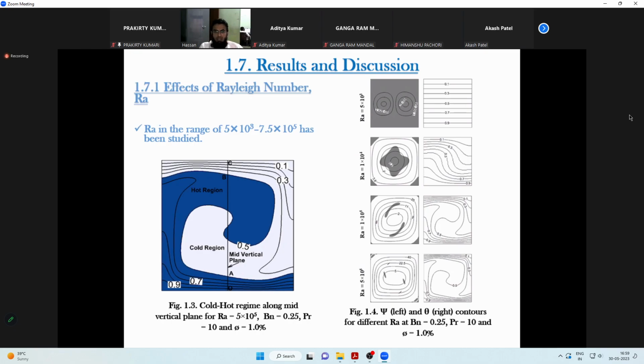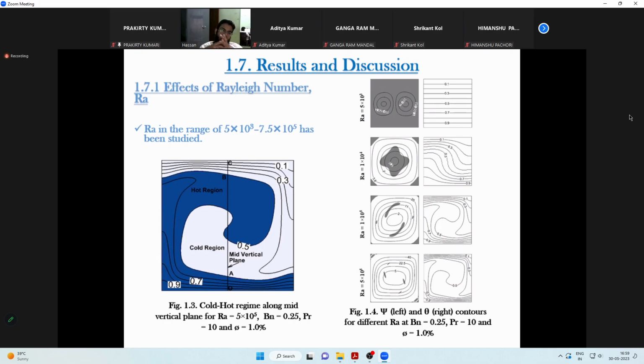At a significantly higher Rayleigh number of 5 into 10 to the power 5, that is close to 500,000, and a BN of 0.25, Prandtl of 10, with 1% of nanoparticle present in the system, the bottom part you can see was slightly heated up. The hot region has been represented as dark blue, whereas the cold region has been represented as light color.